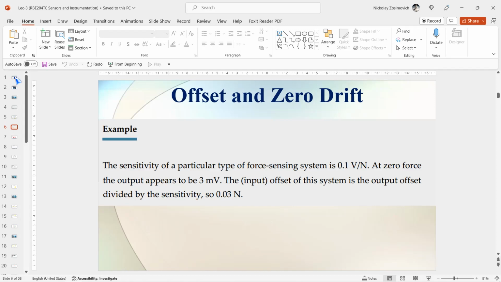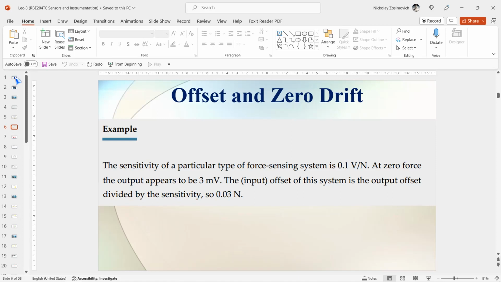A non-zero offset arises mainly from component tolerance. Offset compensation can be performed in the interface electronics or the signal processing unit. Once adjusted to 0, the offset may nevertheless change due to temperature variation, changes in the supply voltage, or aging effects.